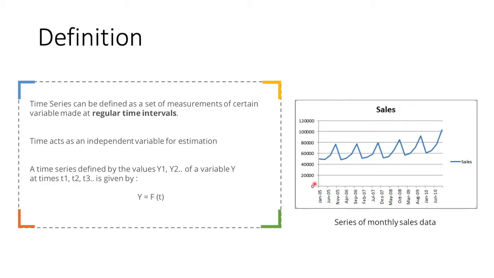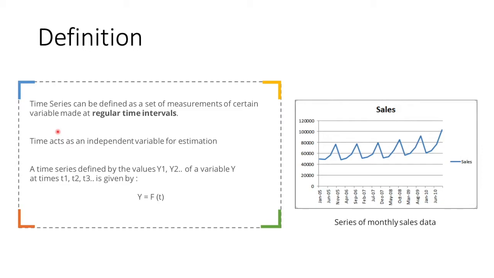So we can conclude that a time series can be defined as a set of measurements of a certain variable made at regular time intervals, and time acts as an independent variable for the estimation. For any time series model, time is the only independent variable.